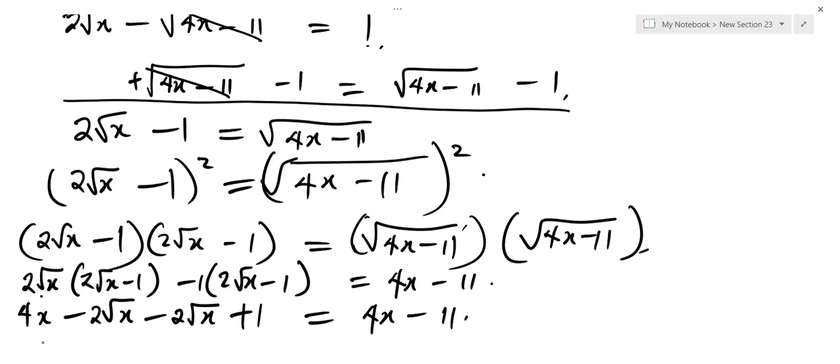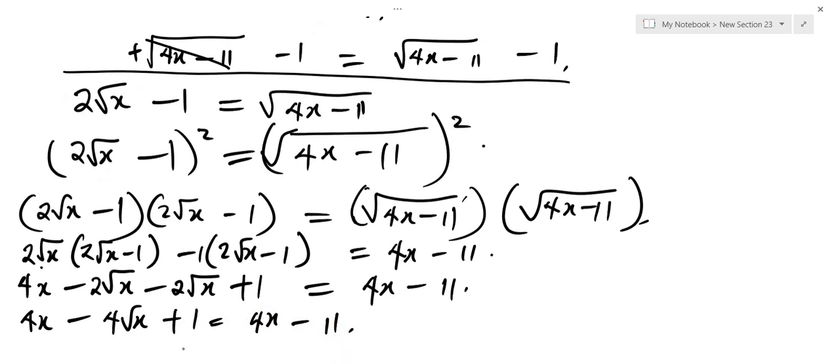Now, at the left hand side, we have 4x minus 4 square root of x plus 1 equal to 4x minus 1. If you look at the equality sign, you have 4x on the left hand side and 4x on the right hand side, so they will cancel each other.